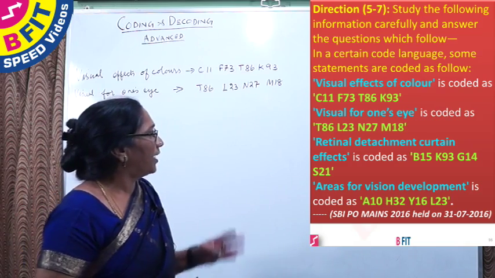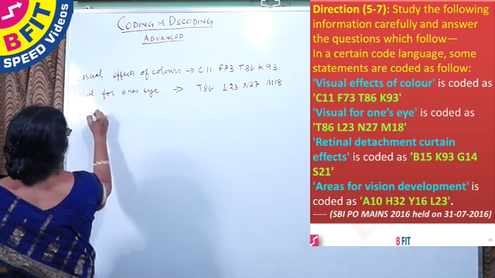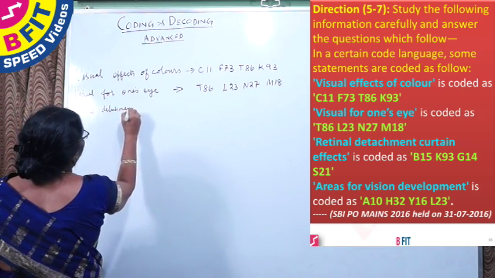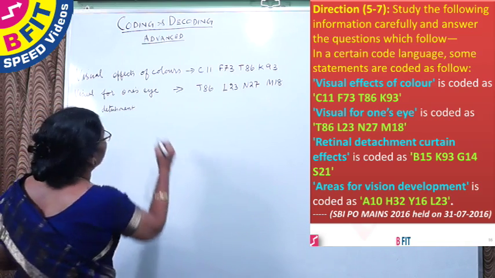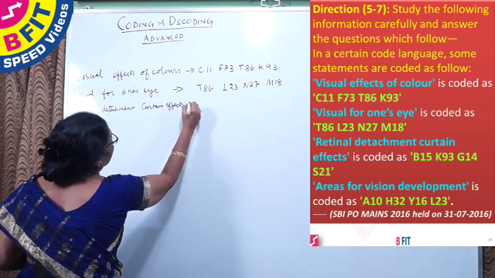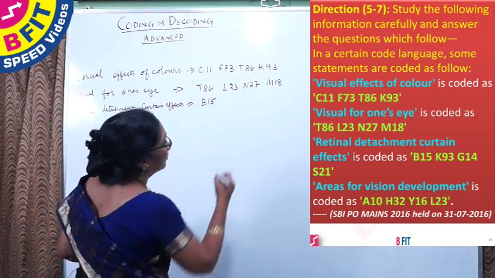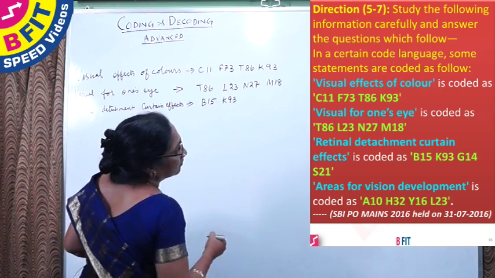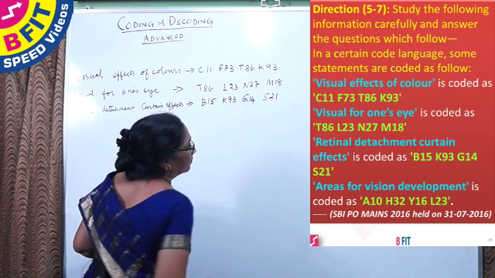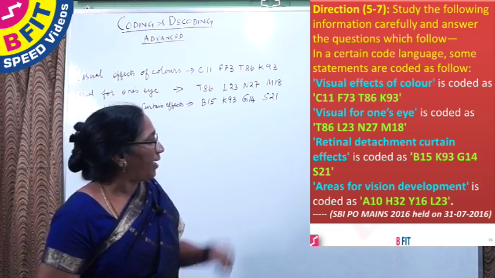Retinal detachment curtain effects is coded as given there. Areas for vision development is coded as it is given there.